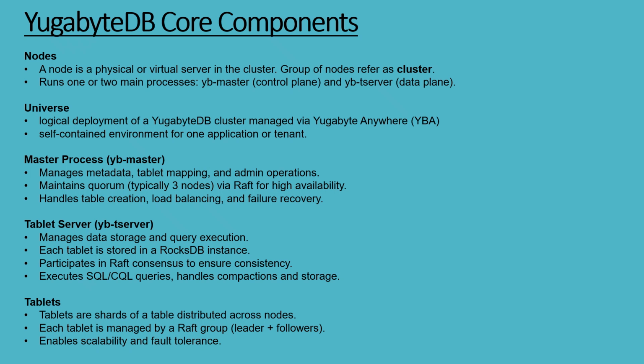These tablets are stored internally using RocksDB, which is a high performance key-value store. When a query comes in, whether it's from the YSQL API or the YCQL API, the tablet server is responsible for parsing, planning, and executing that query. It can serve requests directly if the data is local or coordinate with other nodes when needed.